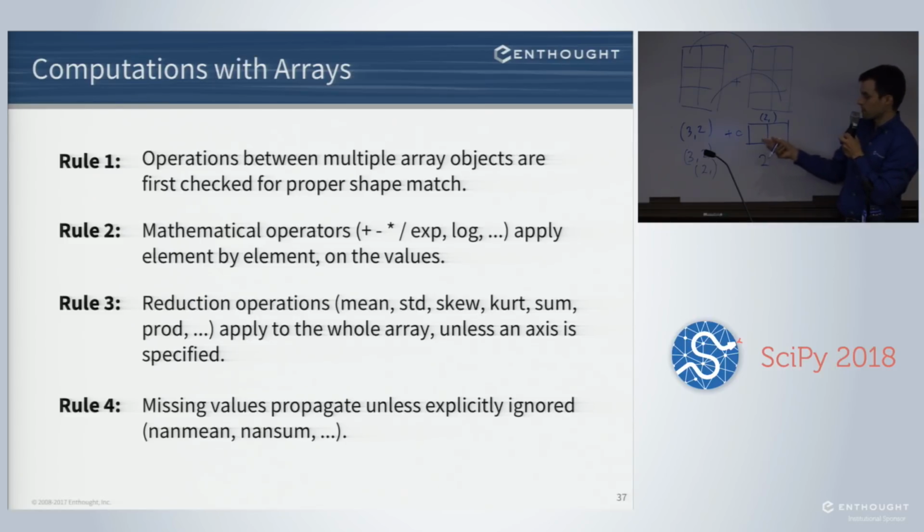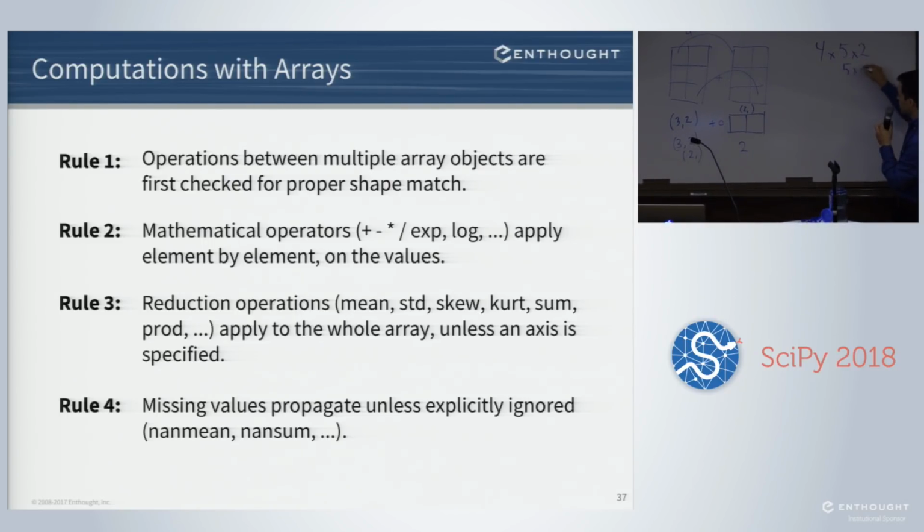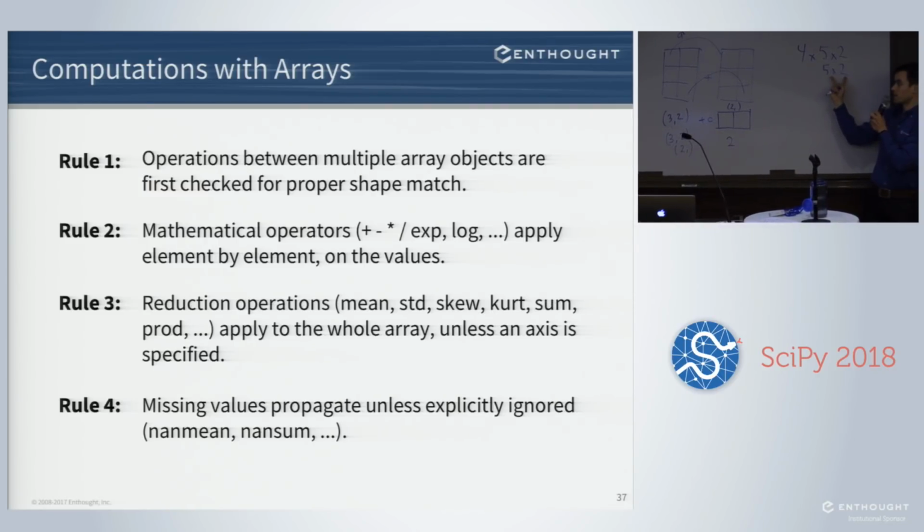But this one, let's say I have an array that's a 4 by 5 by 2, and another array that's a 5 by 2. That will work fine. NumPy will broadcast this 5 by 2 array 4 times, basically, for all of the elements in the other one. I will not go through all of the details of broadcasting.